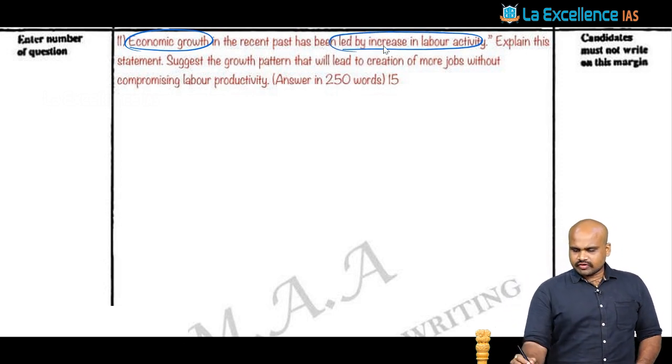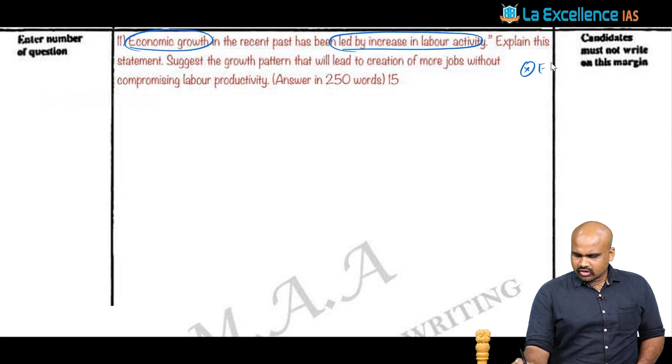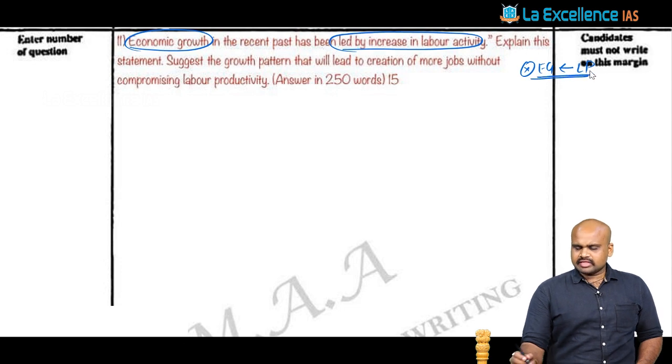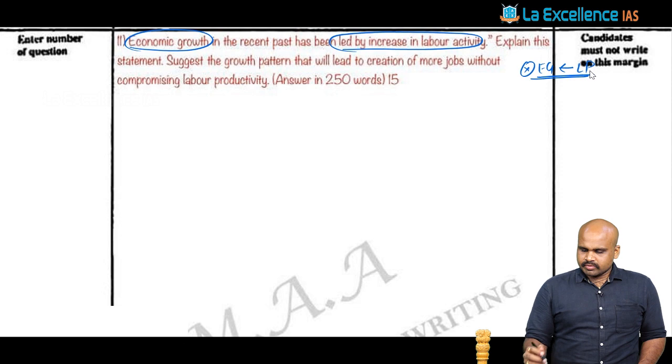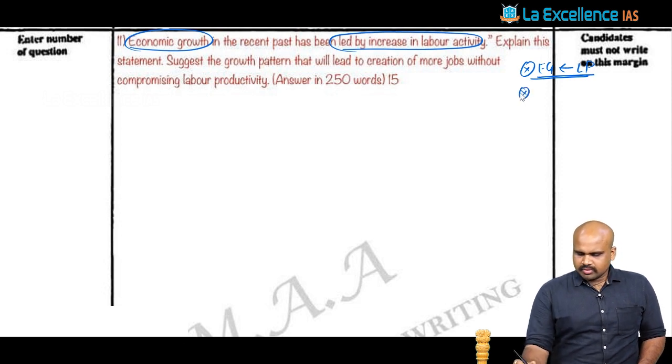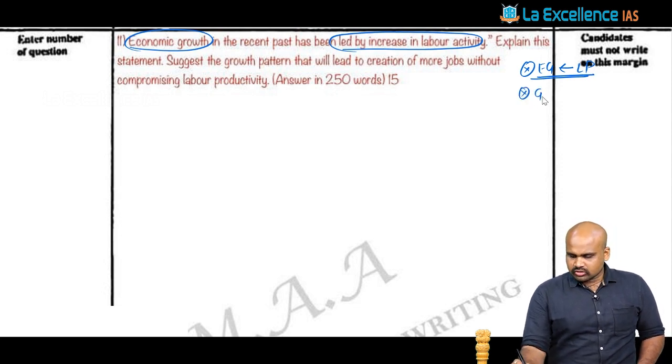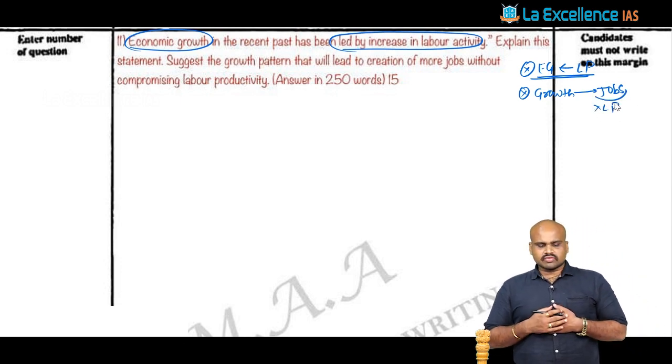The first part of the question asks you to explain the relation between labor productivity and economic growth. The second thing it is asking is to suggest a growth pattern to create jobs without losing labor productivity. That is the second part of the question.